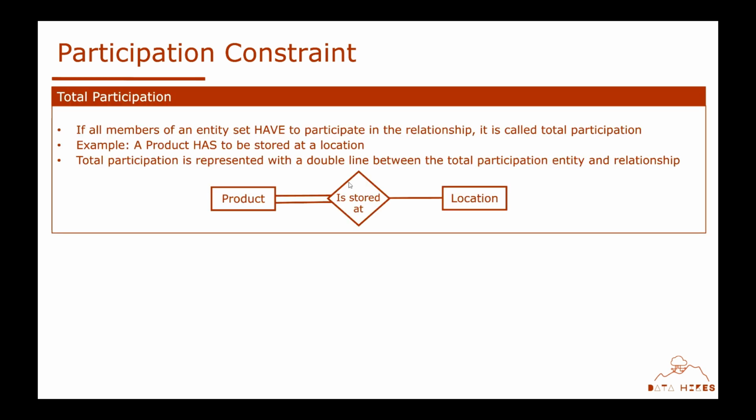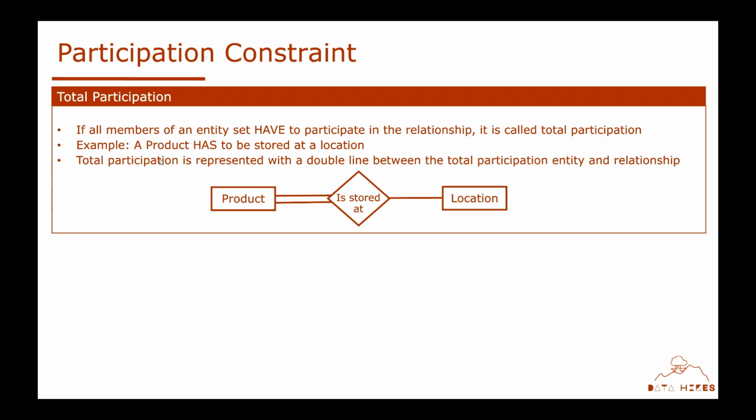The next topic is participation constraints. The first idea is total participation. If all members of an entity set have to participate in the relationship, it is called total participation. For example, a product that a company owns and has not sold yet has to be stored at some location, at some warehouse, some store, but somewhere.